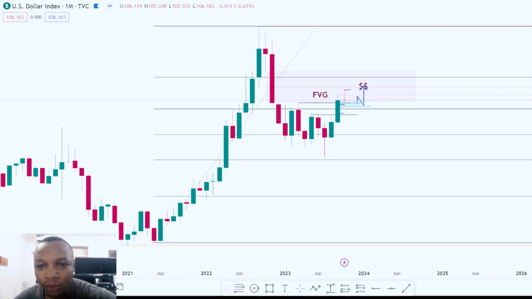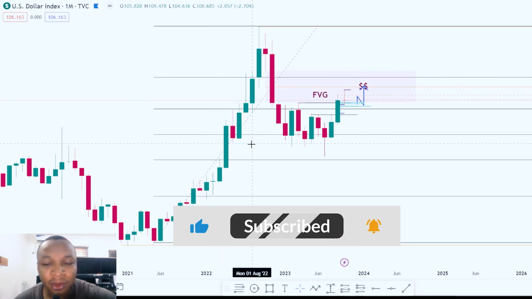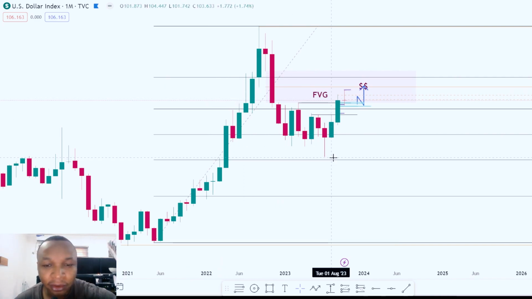Okay, if you check in the past few weeks, I've already said that the dollar has been in a continuous uptrend since the past few months, about 3 months running now. So we expect that to continue going into the next week.